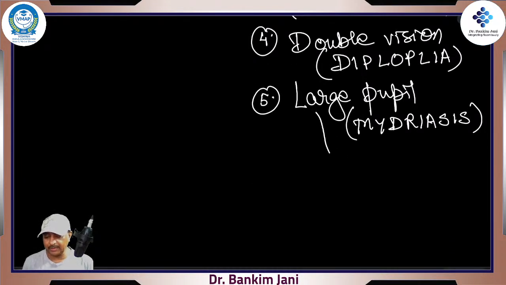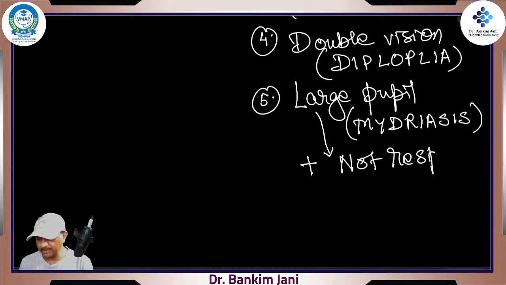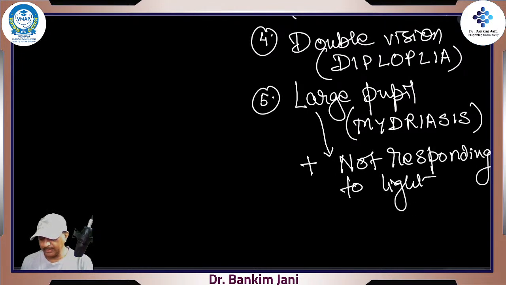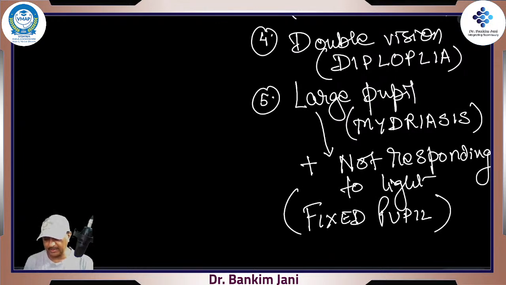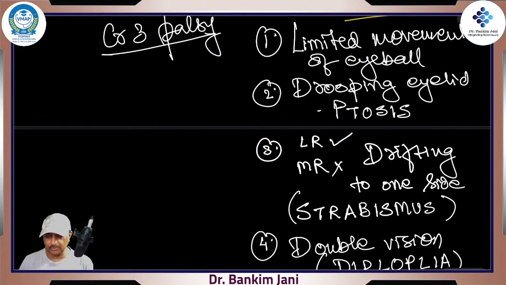One very key thing, just add a big plus: it is not responding to light. When you go into clinics, there would be one word, and that would be fixed pupil.